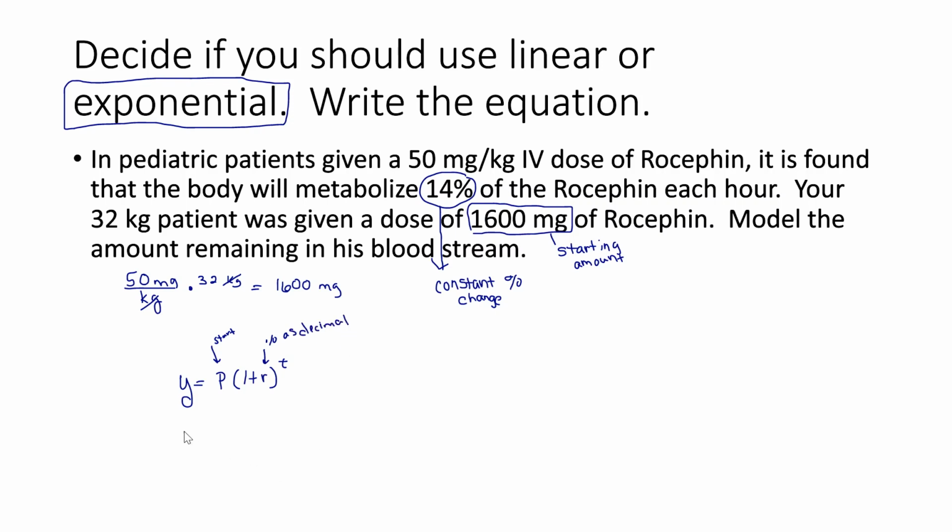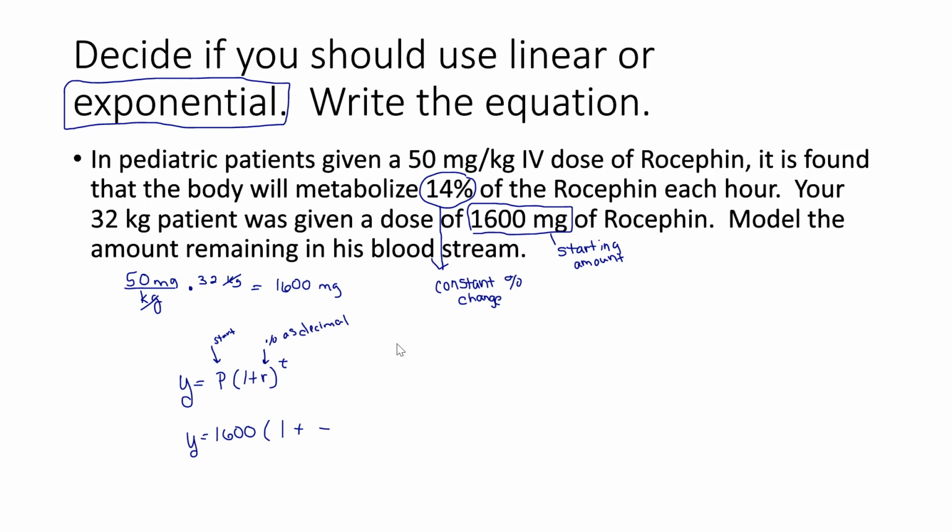Y is equal to 1,600, that's the starting amount, 1 plus, and as we discussed in our notes, the percentage could be positive or negative. My understanding of metabolize is that the body is going to eliminate that, and because it is leaving the body, I am going to put that as a negative.